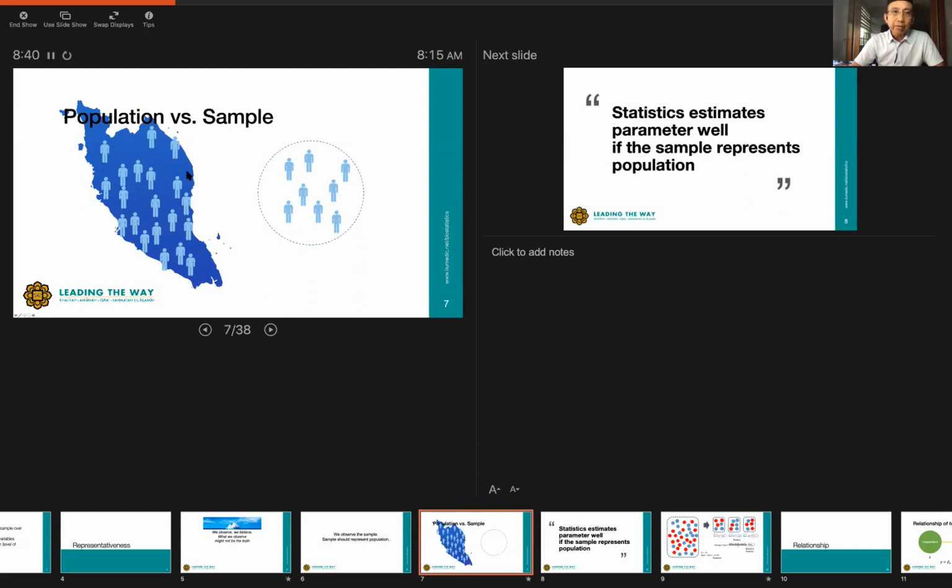All right. If, for example, only those in big cities were sampled, it becomes biased. Our sample may not be able to represent people in rural areas, or our sample may only represent those in residences, in houses. So we are not able to represent, let's say, those in a hostel, for example. People don't go and knock on your door and survey you because you are in a hostel, in university.